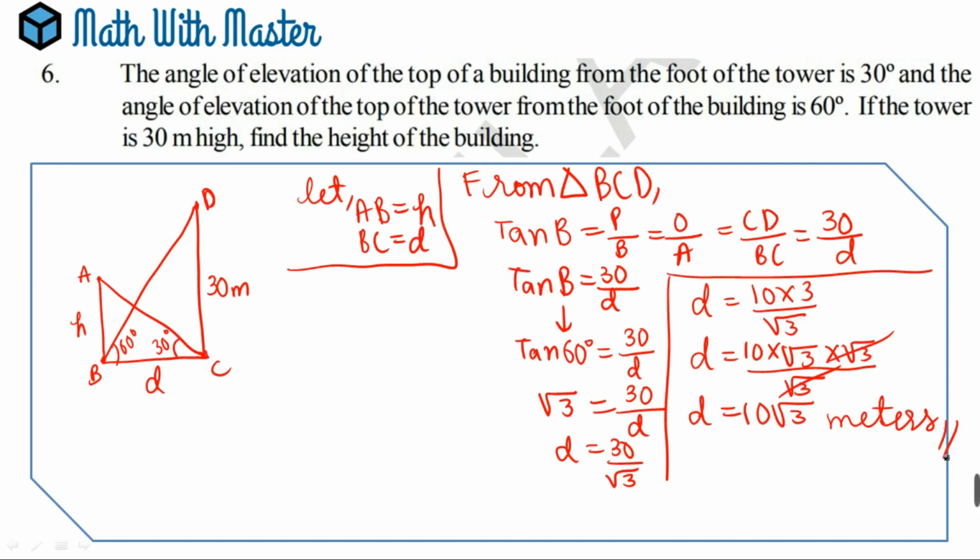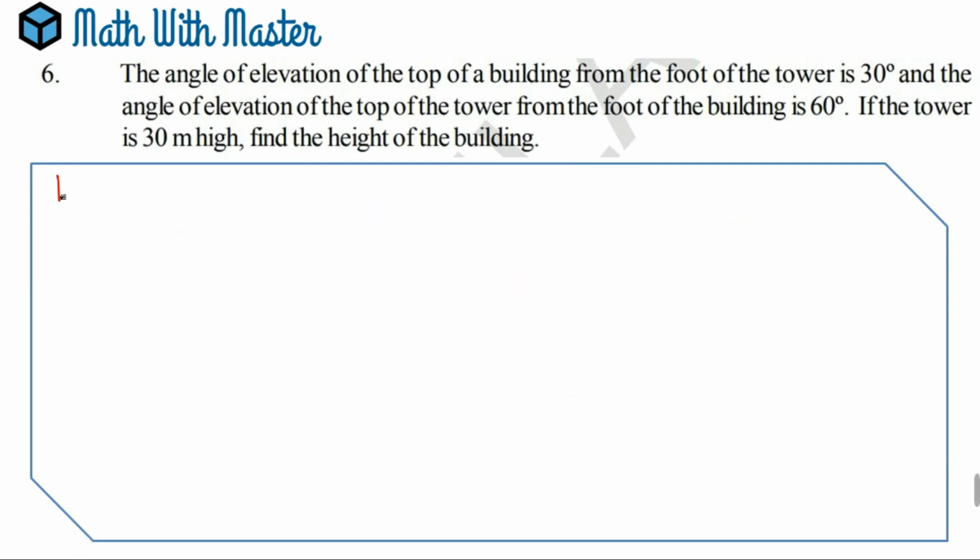So after getting this answer, now we have found our distance between the tower and building. Now we will find the height of the building. For that we have to use details from triangle ABC.